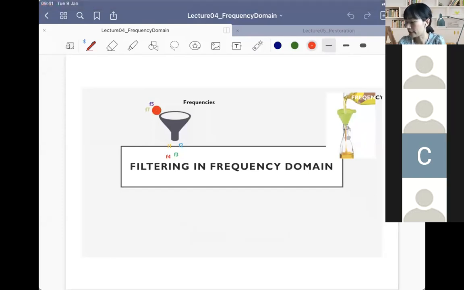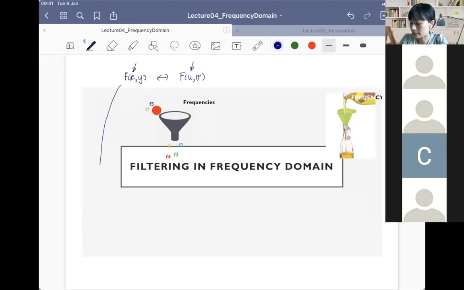So today we have one more topic left from last week. Before we continue to the next topic, last week I introduced the conversion between the spatial domain of an image and the frequency domain. I hope that you'll be able to analyze an image in the frequency domain.